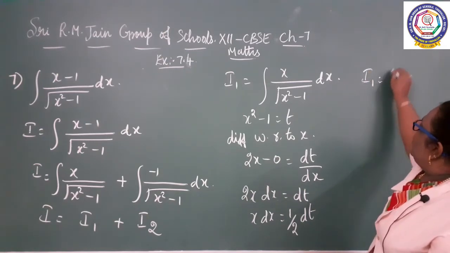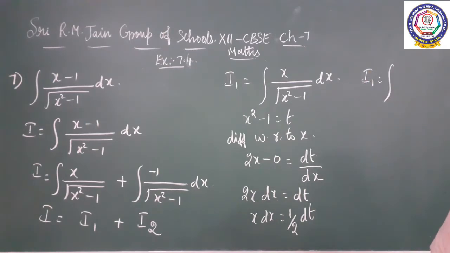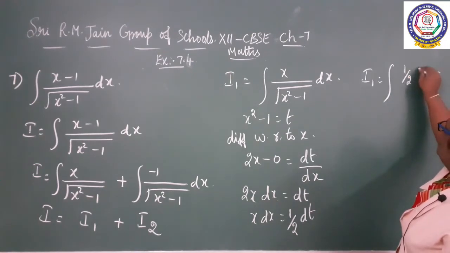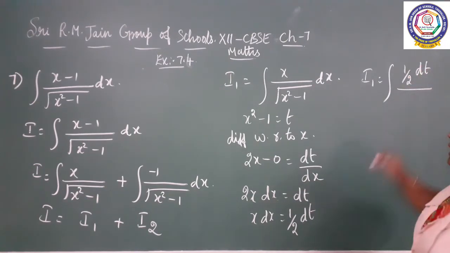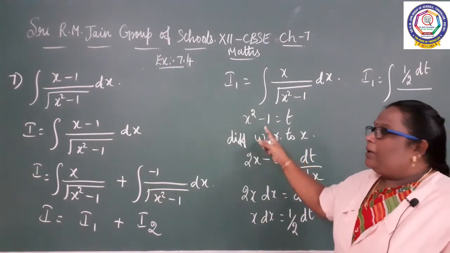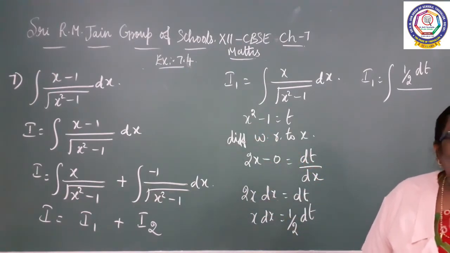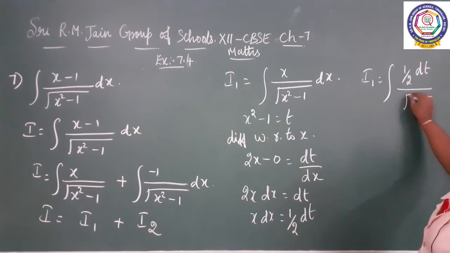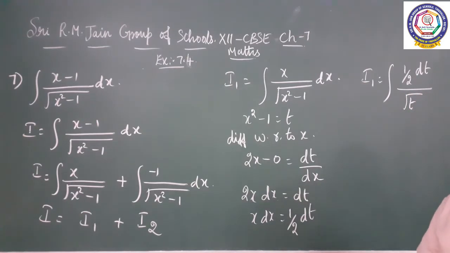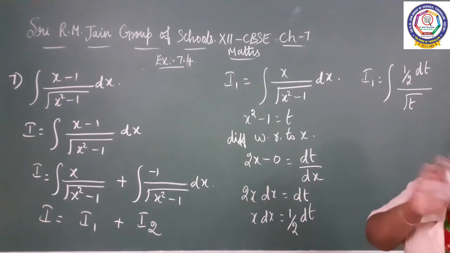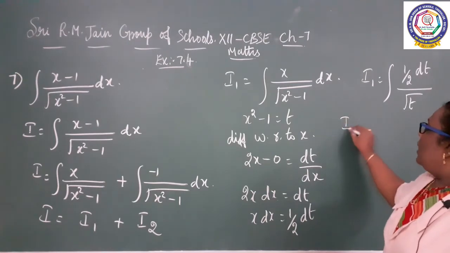Therefore I1 equals the integral of 1 by 2 dt by, what did you keep there for x square minus 1? t. So you can write it as root t. 1 by 2 is a constant, you can take it out.